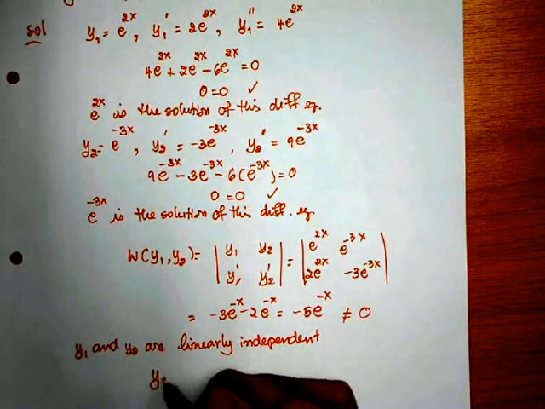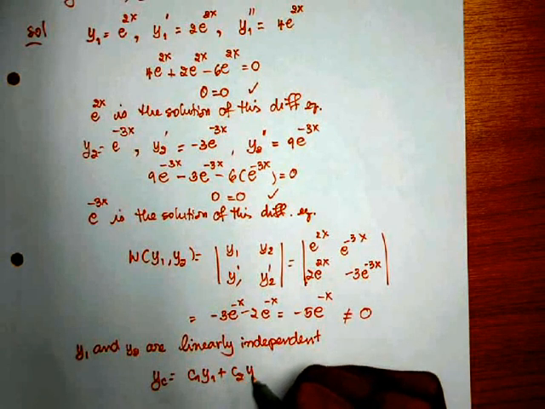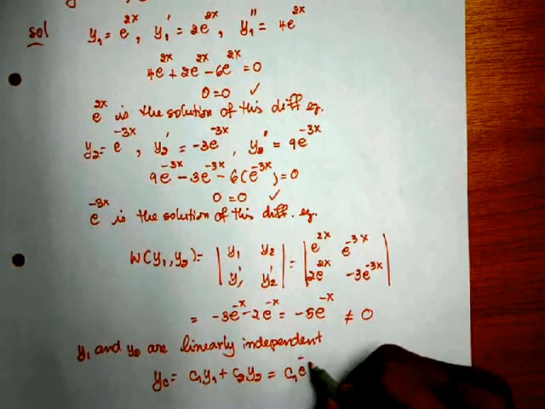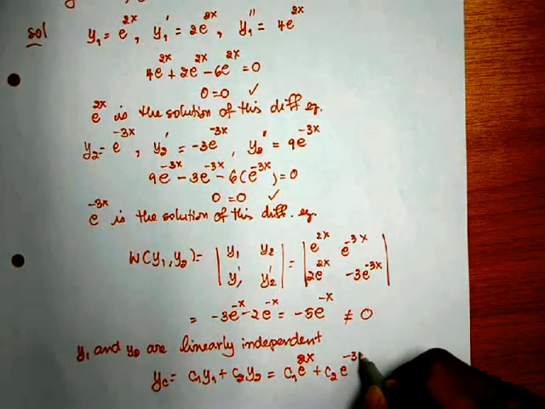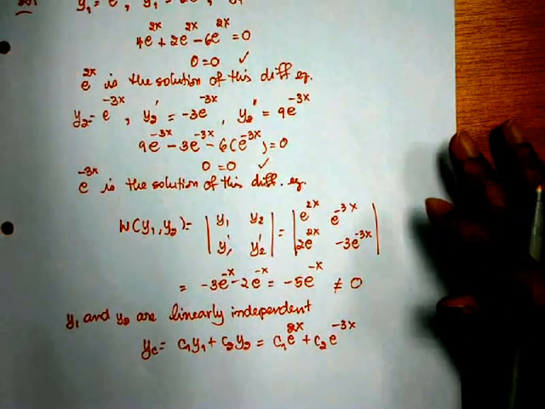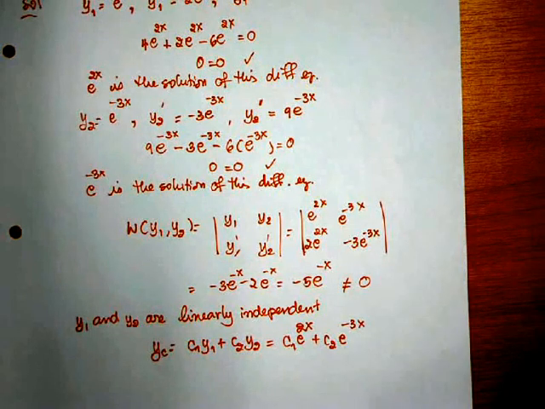Therefore, yc is equal to c1 y1 plus c2 y2, which is equal to c1 exponential of 2x plus c2 exponential of minus 3x. But this is not it, because the problem statement itself gives us two initial boundary conditions.